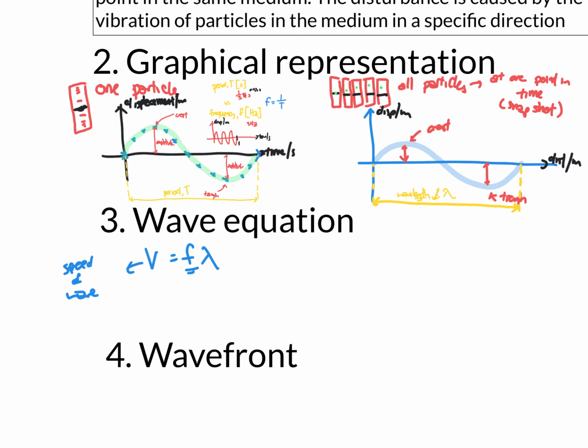Frequency is found when I look at my displacement-time graph. One particle, consider my period, and transform it into frequency using this formula here. Wavelength is found over here in the displacement-distance graph. Please learn to manipulate this, because sometimes they ask for f, sometimes they ask for lambda, sometimes they ask for v, so manipulate your formula accordingly.